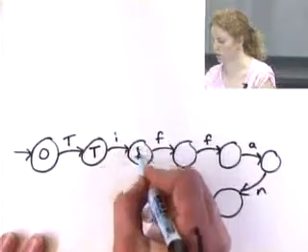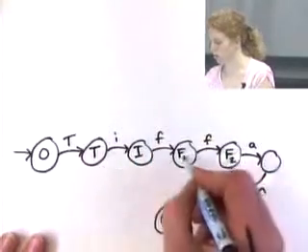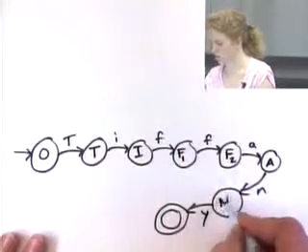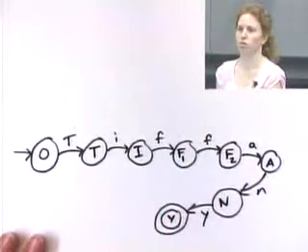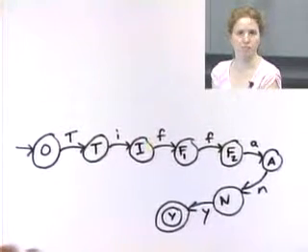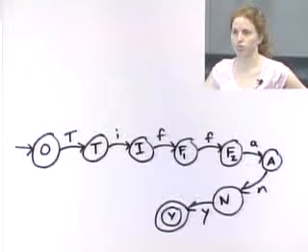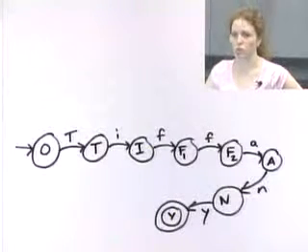I could even label them with the letters that I've been getting. So this finite state machine accepts my name and nothing else. Because otherwise I get stuck in one of the states.